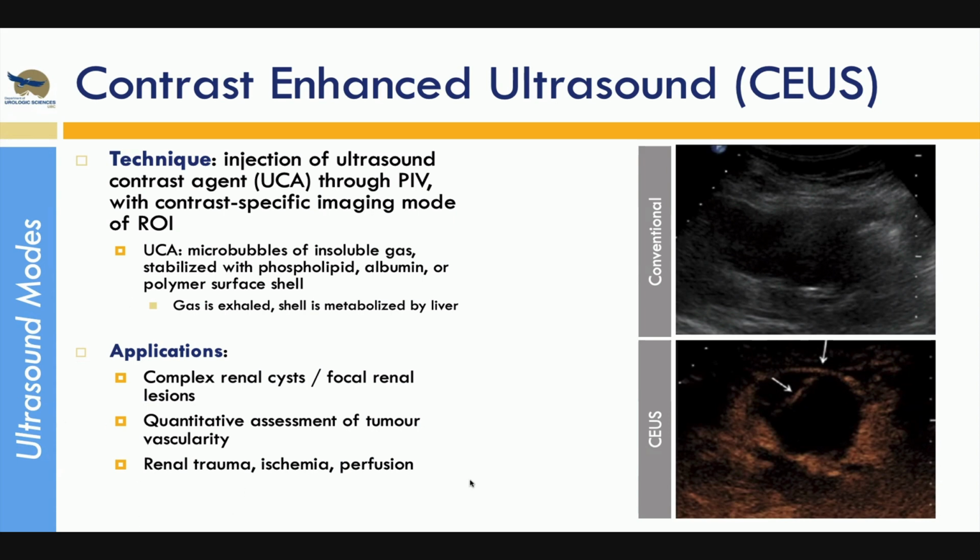Once these contrast agents are injected into the venous circulation, the region of interest is imaged using a specific ultrasound mode. The interaction between the ultrasound beam and these microbubbles in the circulation generates a very clear image.